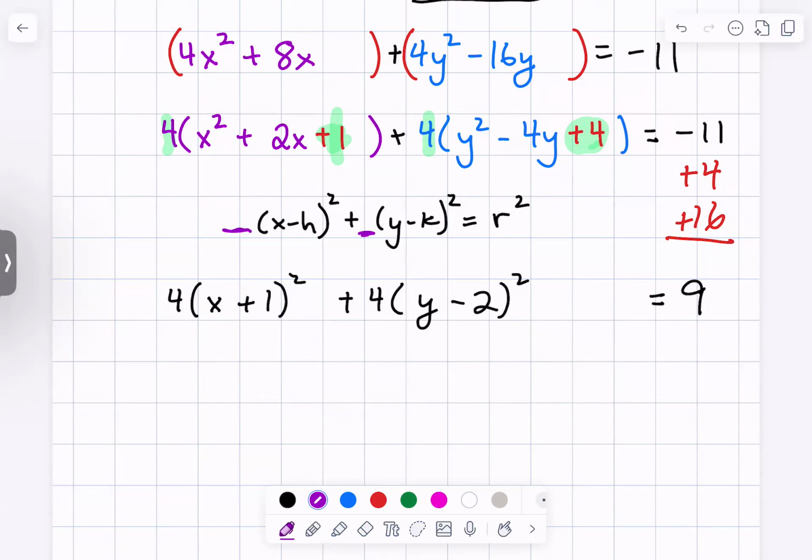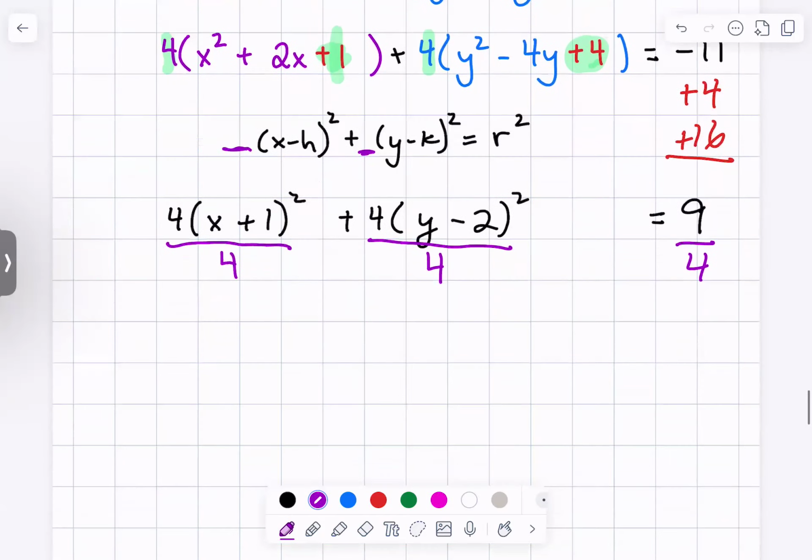If you're confused on what to do, say it out loud. 4 times the quantity x plus 1 quantity squared. It's 4 times. So how do I get rid of something that I'm multiplying? Divide. So I'm going to divide by 4.